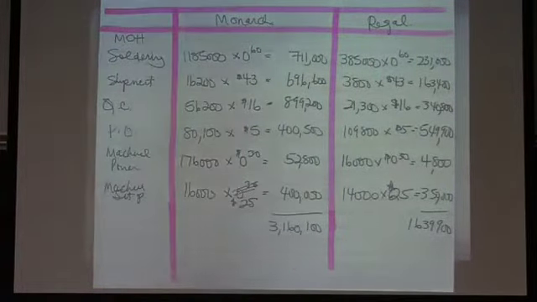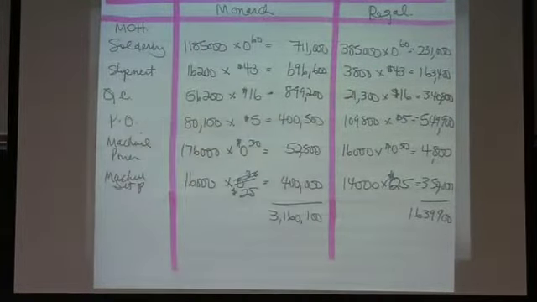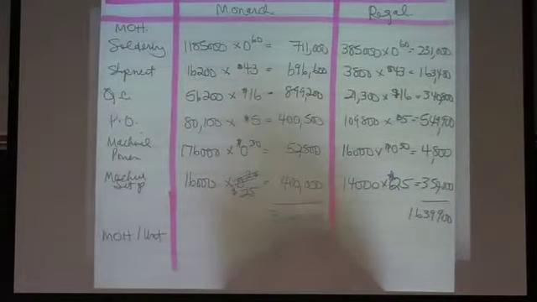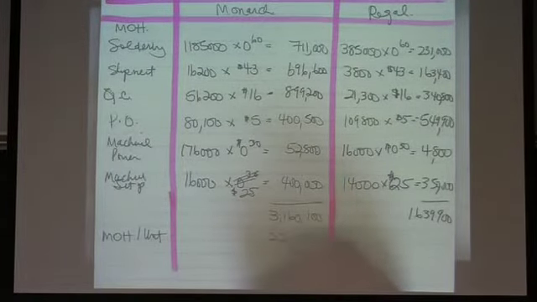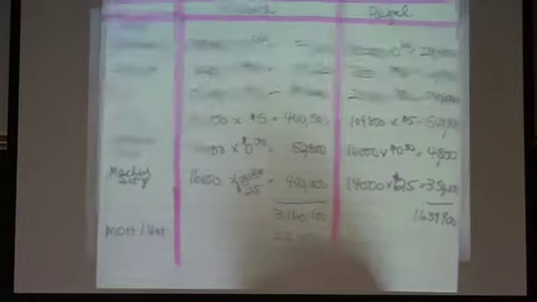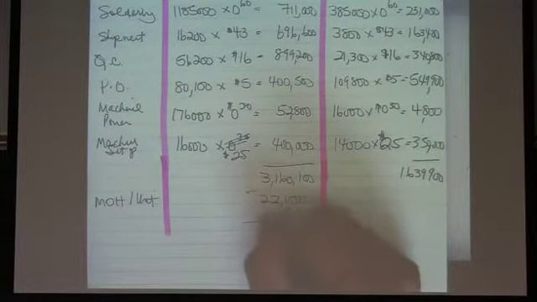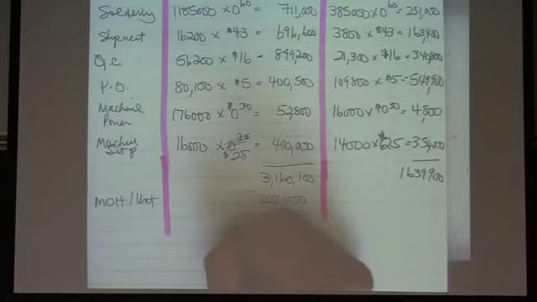So now we're going to allocate by the number of units, right? So the MOH per unit, we know that there's 22,000 units. We get $143.64 per unit.